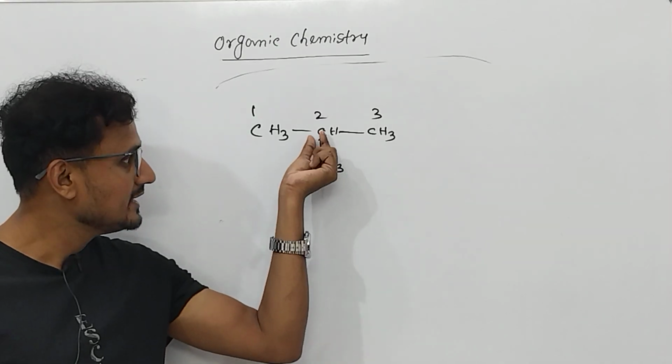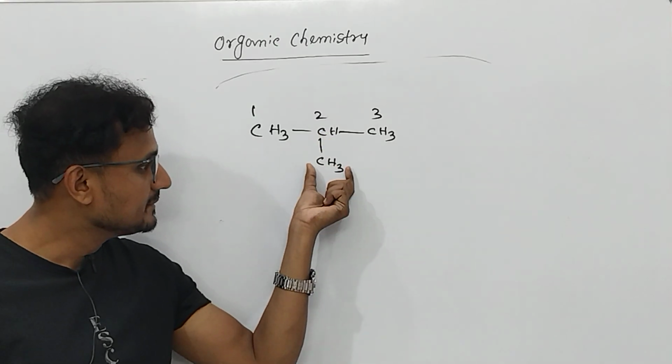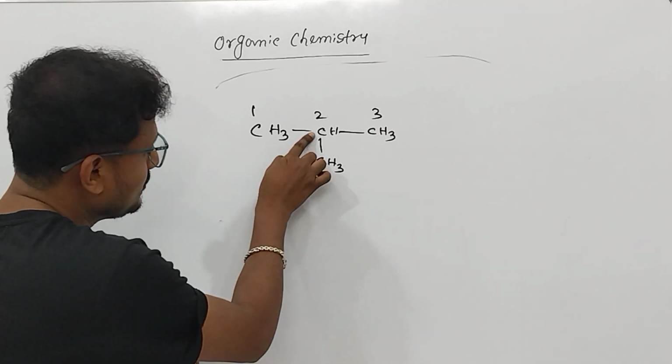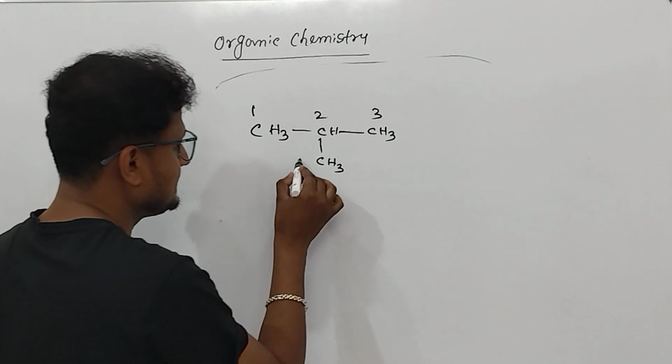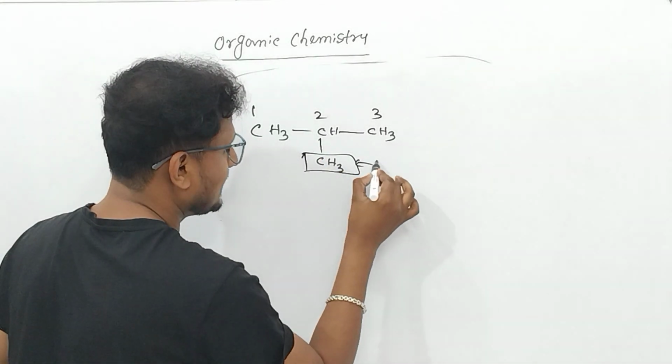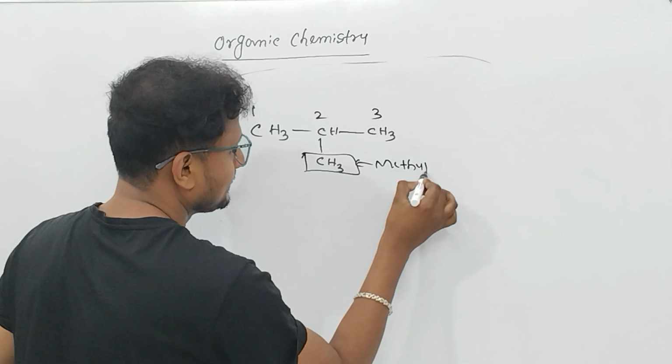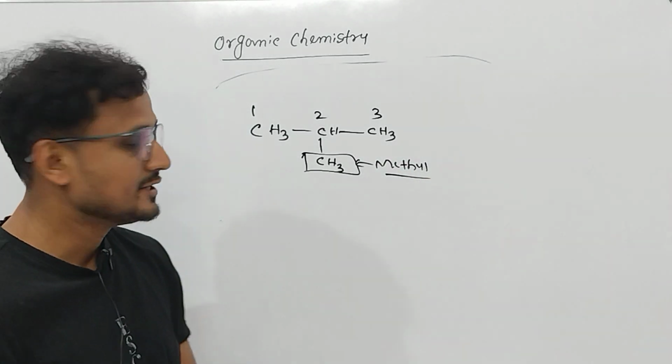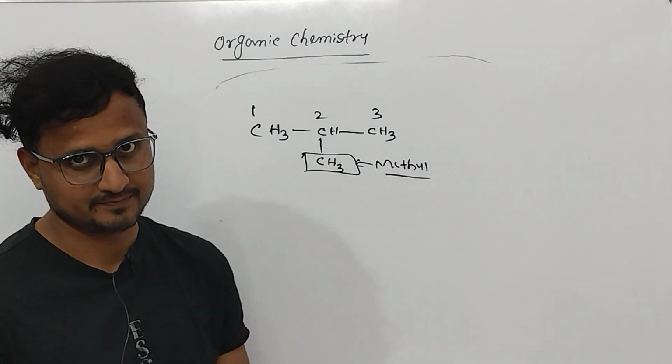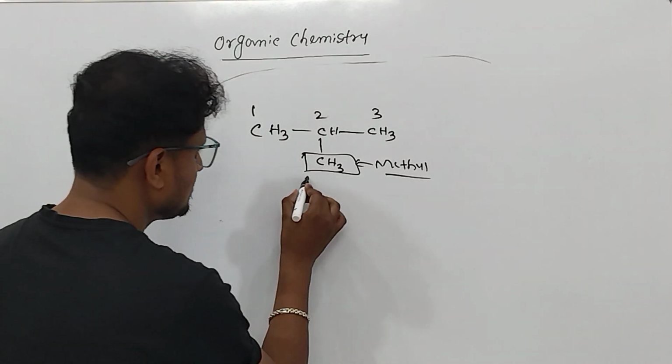Here on number 2 carbon we have CH3. This CH3 is named as methyl. So this one is the prefix. This goes in the prefix.